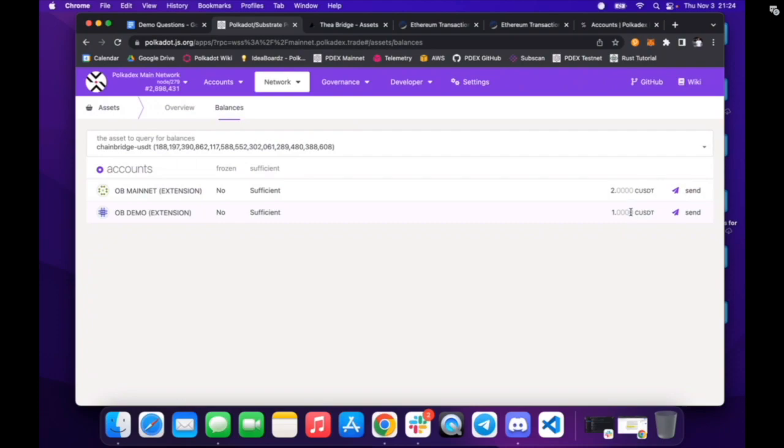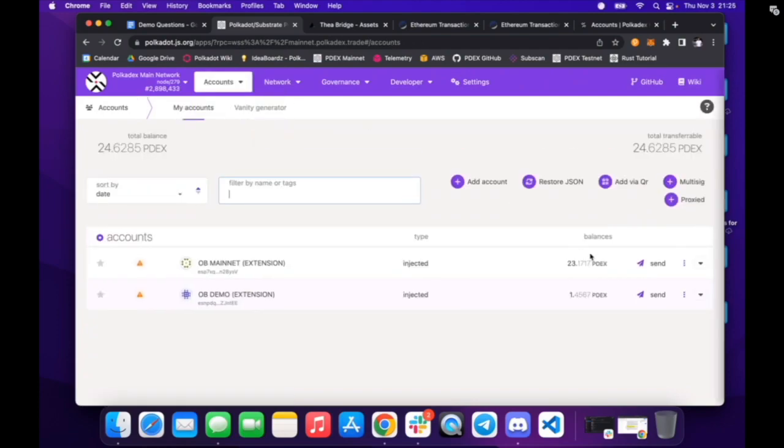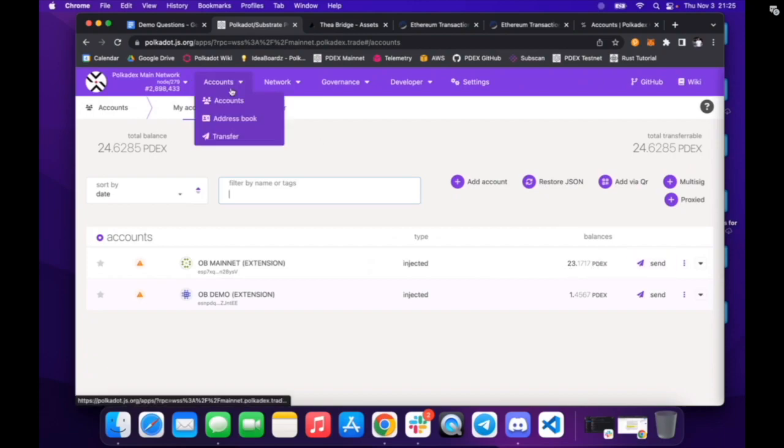So now comes the next part, which is transferring these tokens out of the Polkadex network to, let's say, Ethereum. So now on my OB mainnet account, I have 2 USDT, and I also have 23 PDEX.